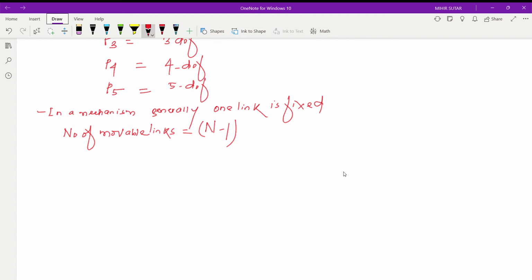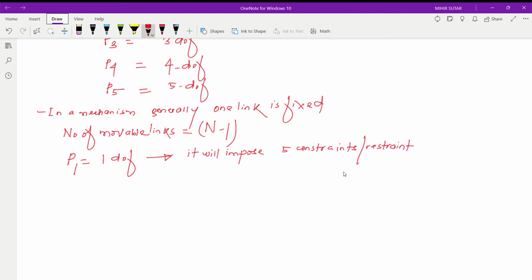Now if a pair, suppose P1, is having 1 degree of freedom, that means in other words it will impose 5 constraints, or you can say restraints, isn't it?